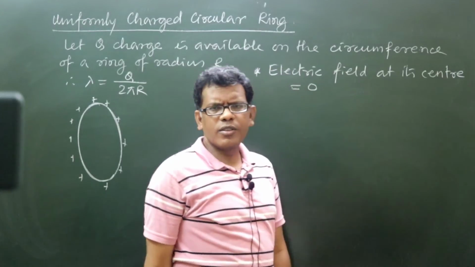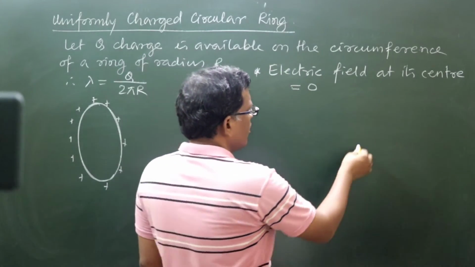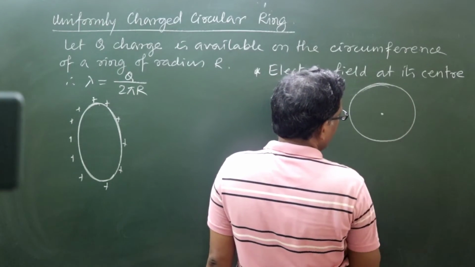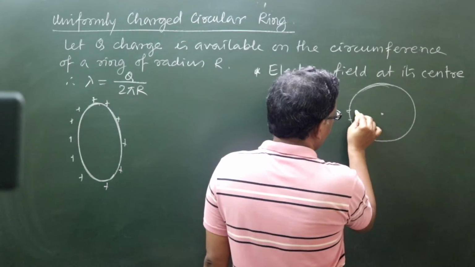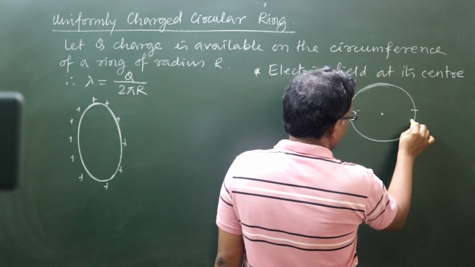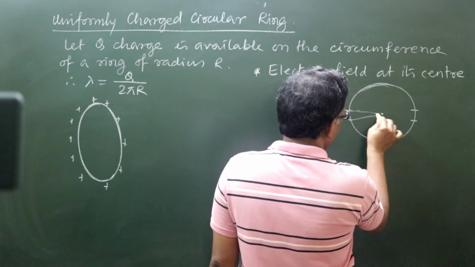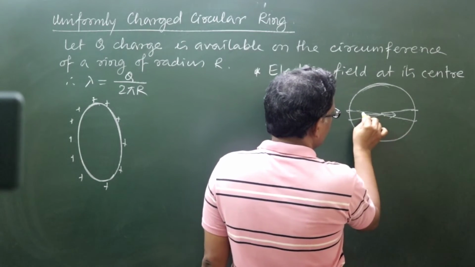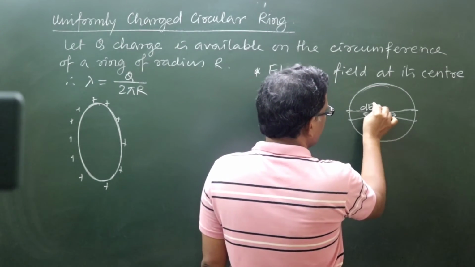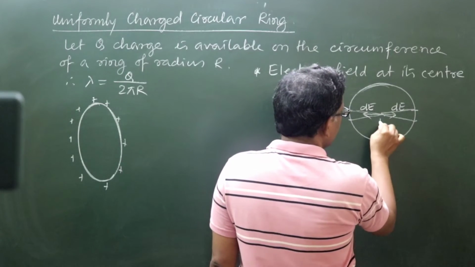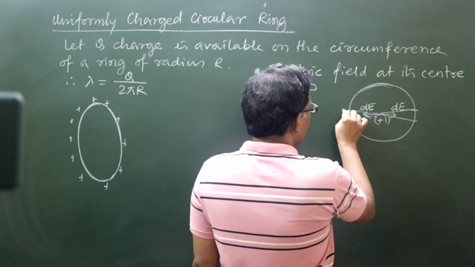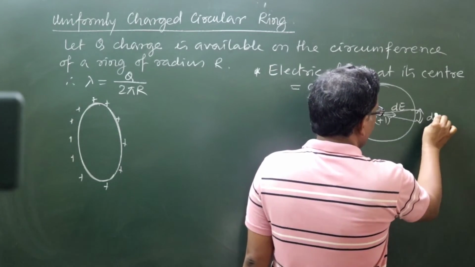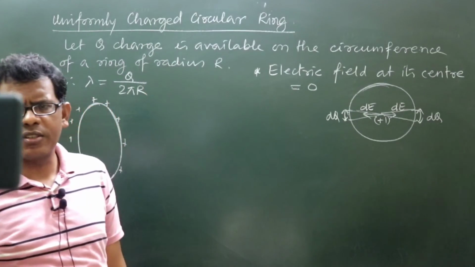Why? Because in a circular ring, each and every pair of diametrically opposite elements will exert equal and opposite force on the +1 charge at the center, right? If I take dq charge here, a similar dq charge will appear at the diametrically opposite segment also, yes or no?